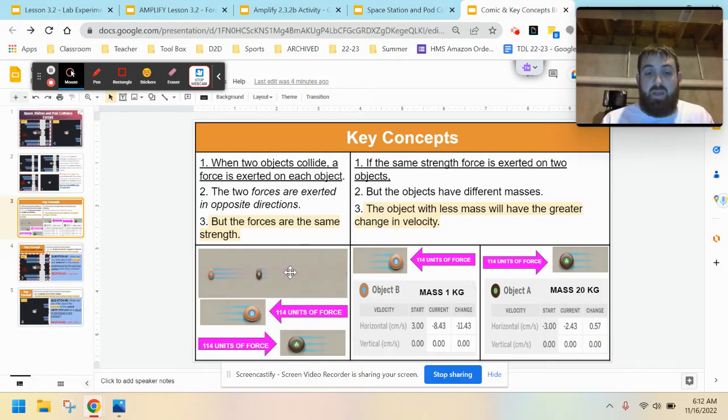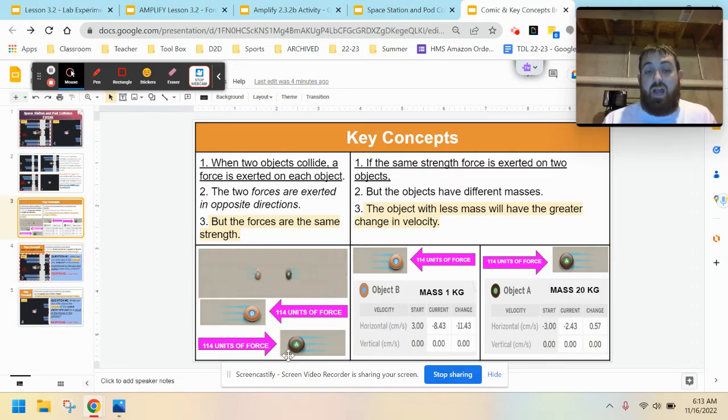We have object A and B, which are colliding here. And when they collide, we see that the forces, those pink arrows, are in the opposite direction, but they're the same force. So what we've created here really is two situations. We have one object, object B, experiencing a force against it, and another object, object A, experiencing a force against it.